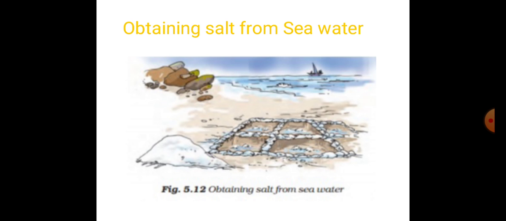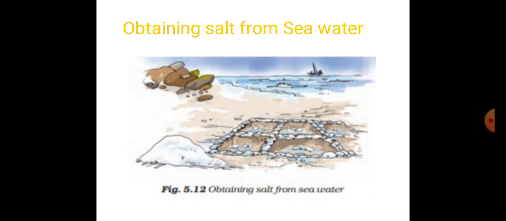Students, salt is obtained from seawater by this process. Seawater contains a lot of salt, we know that. The process of evaporation is used to obtain salt on a large scale from seawater. Seawater is trapped in shallow ponds and allowed to stand there.